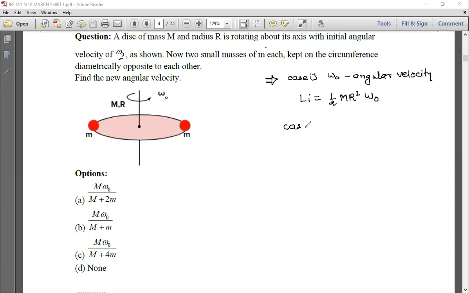Next, case 2. Case 2 means when we have kept the masses.